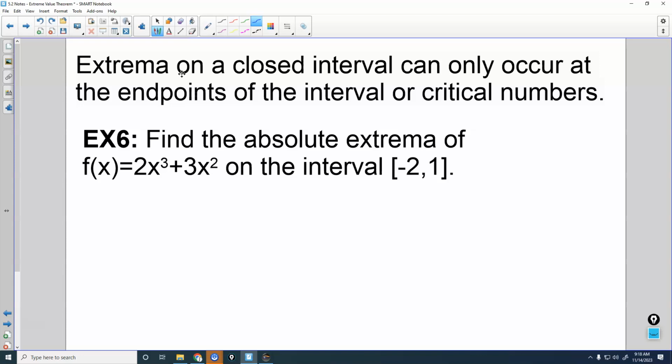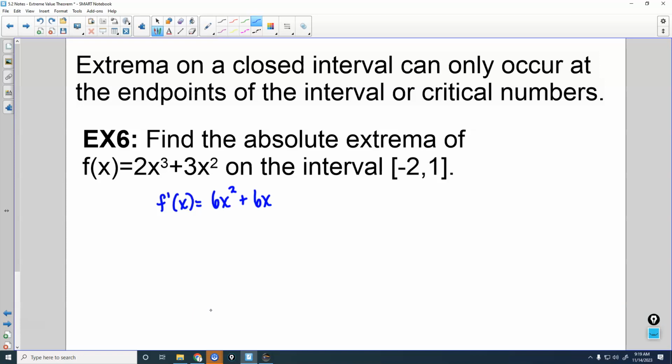So whenever we are asked to find absolute extrema, we need to first find the critical numbers, because the critical numbers are the places where we possibly have a maximum or minimum. So, for example, here we have f of x equals x to the third plus 3x squared. So we would take the first derivative. We get 6x squared plus 6x. And we want to know where that is 0 or undefined.